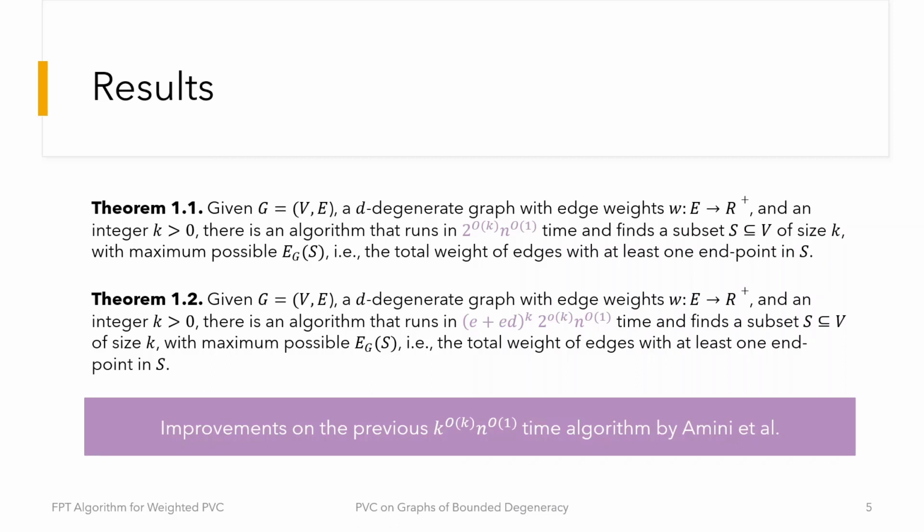Our result is an improvement on previous results, but also it works for weighted graphs. And we present two algorithms for the problem with two different running times, as you can see here. Both algorithms use similar techniques, they just have a slight difference.